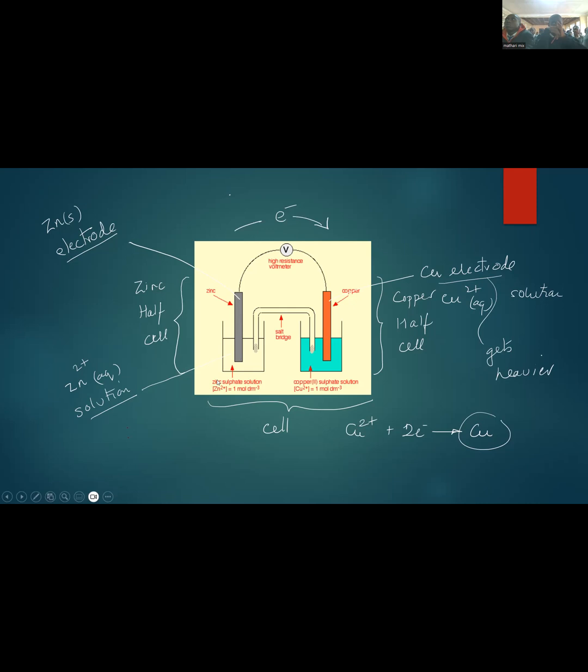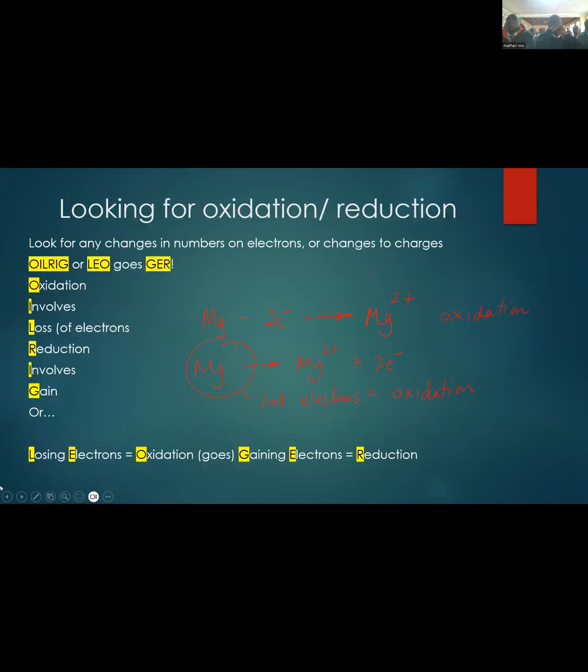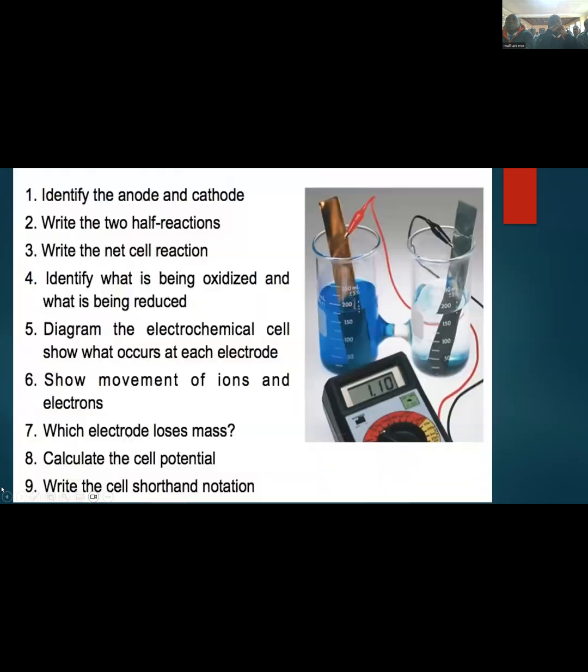Now, sometimes they ask you that. Let's just go back quite a lot of slides. Look at this. We can now write the two half reactions. We can write the cell shorthand notation.